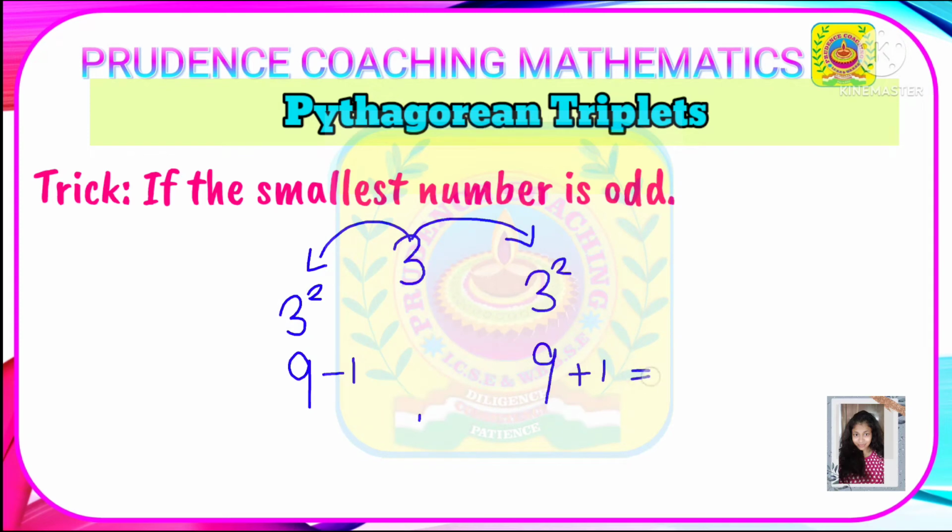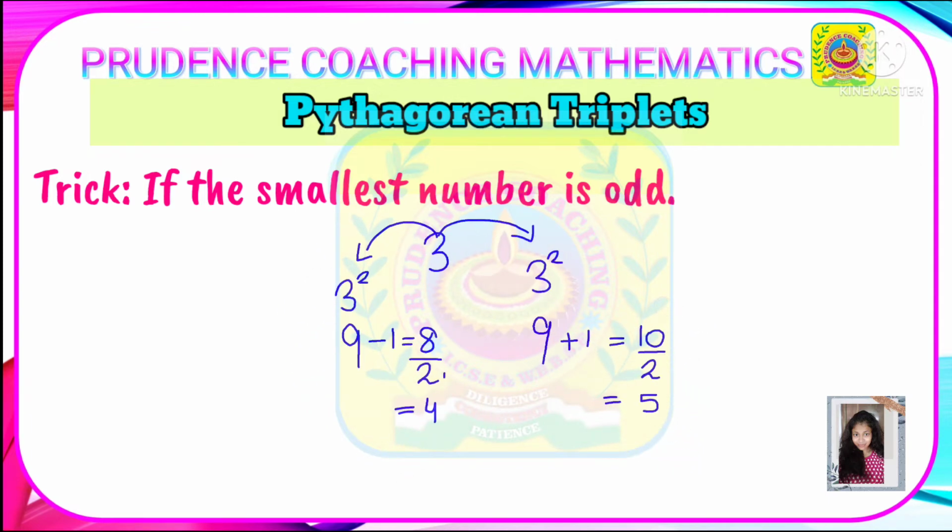So here we are getting 10, and here we are getting 8. One more step: we need to divide the resultant numbers by 2. So 8 divided by 2 we get 4, and 10 divided by 2 we get 5. So our triplet is 3, 4, 5.